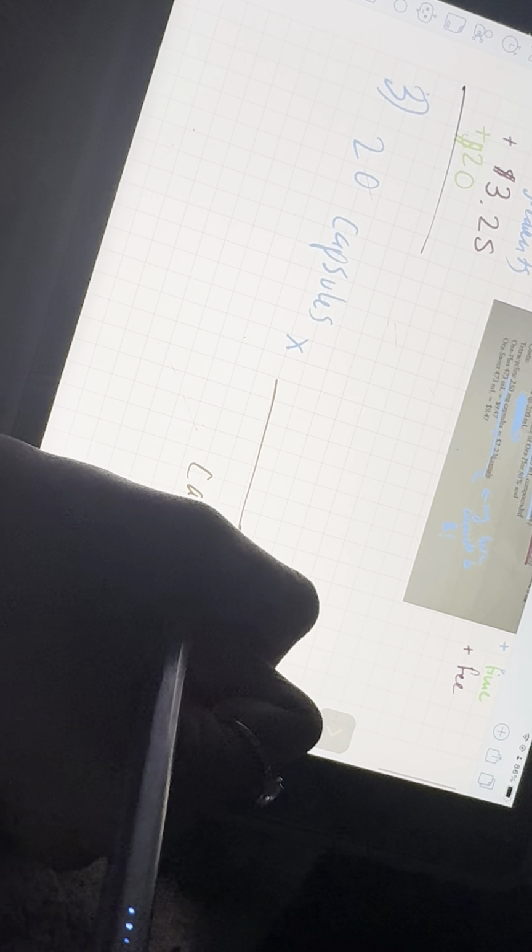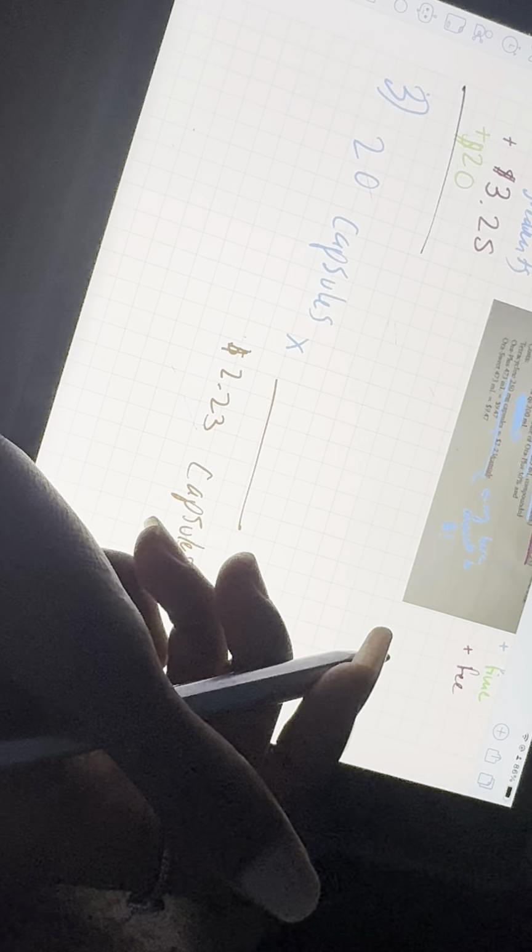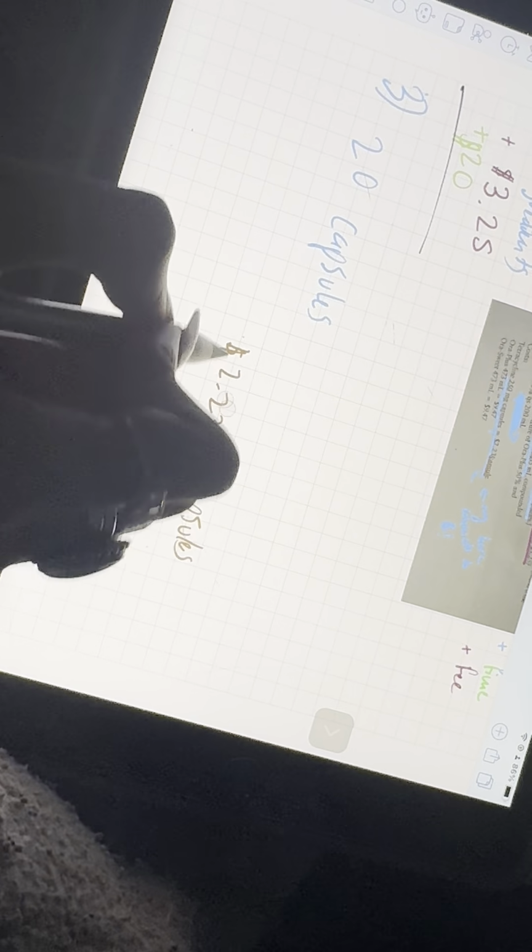This is going to be using a flipped version of circles and squares. So capsules has to be in the bottom this time. $23. Well, you know what? We're going to use circles and squares, because I feel like that's easier.